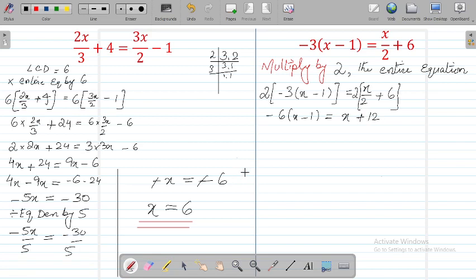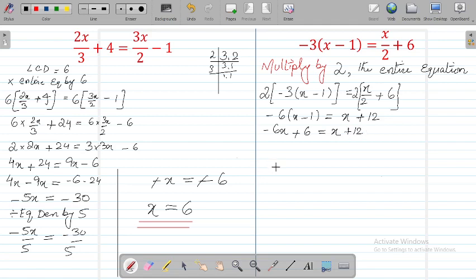So minus 6 into x minus 1 is equal to x plus 12. Now this minus 6 will be multiplied with this bracket, which means x minus 1. So minus 6x, and minus minus will give you a plus, 6 ones are 6, is equal to x plus 12.